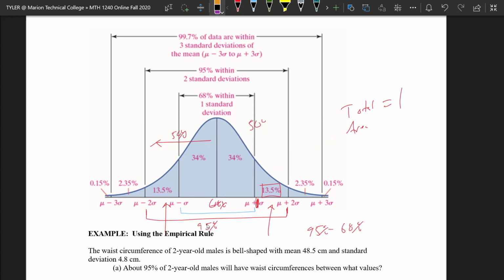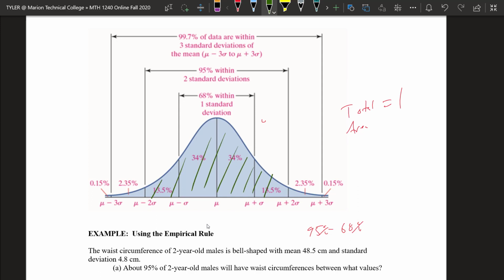see if I can label this a little better. So this part is 95%, and this part is 68%.